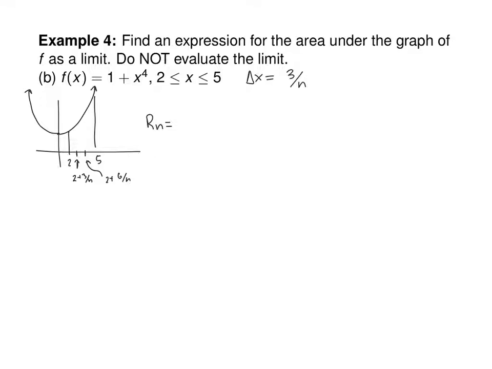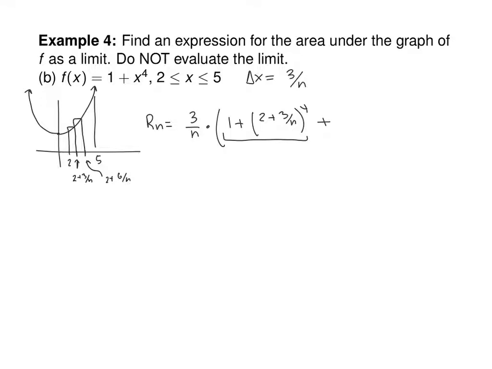Okay, what's the width of every single box? 3 over n. Then we're going to plug the right endpoints into the function. So we'll have 1 plus 2 plus 3 over n to the 4th. That's plugging in thing 1.